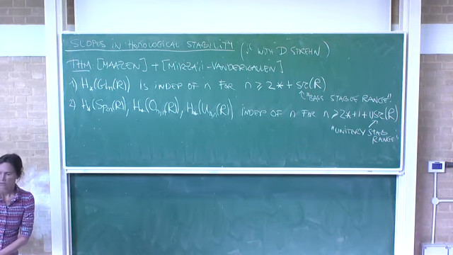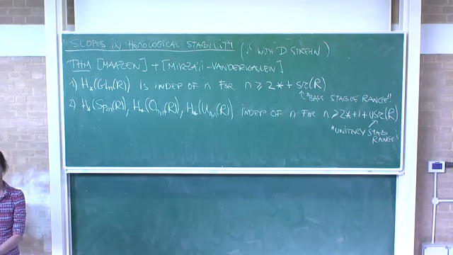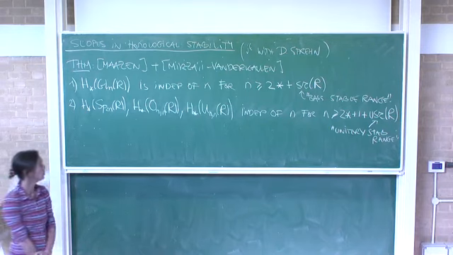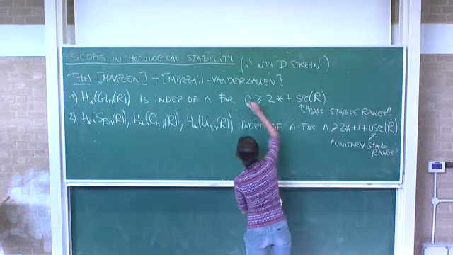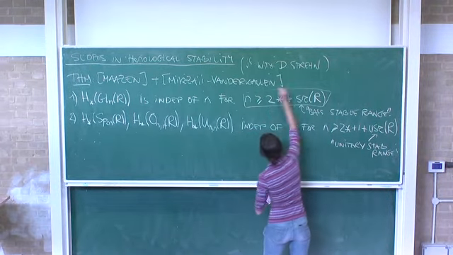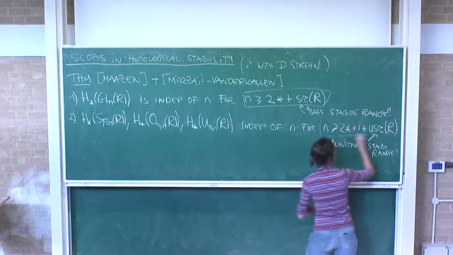But there's no assumption that 2 is invertible. No assumption whatsoever. So, you know, it doesn't say anything if the stable range is infinite, of course, but as long as it's finite, this is the statement.